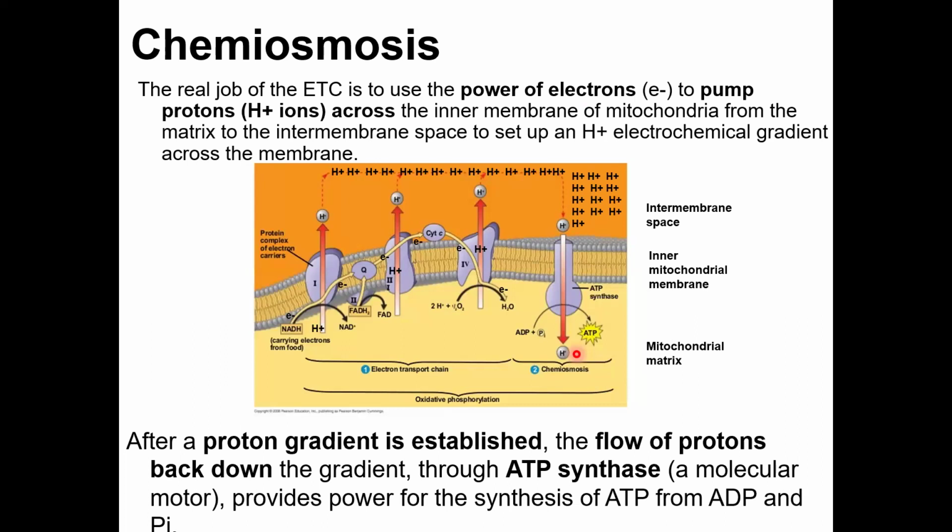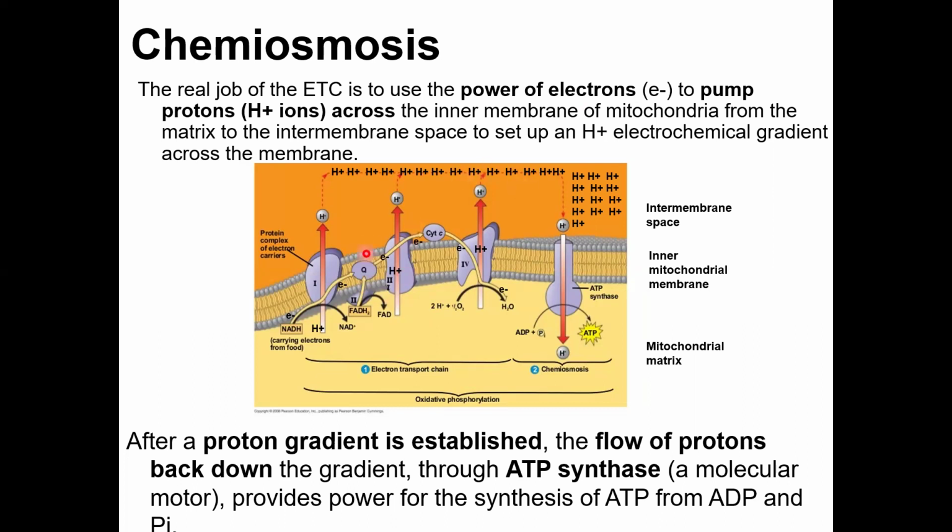So that leads into the idea of chemiosmosis. The job of the electron transport chain is to use the power of the electrons to pump protons across the inner membrane of the mitochondria, from the matrix to the intermembrane space, and set up an electrochemical gradient using the hydrogen ions across that membrane.